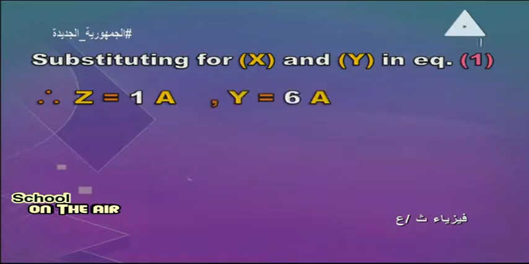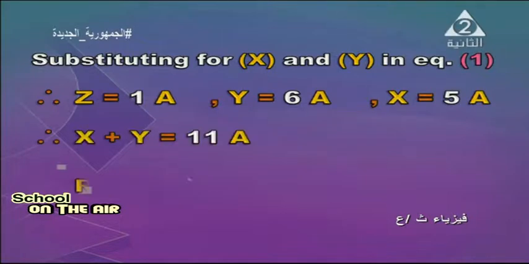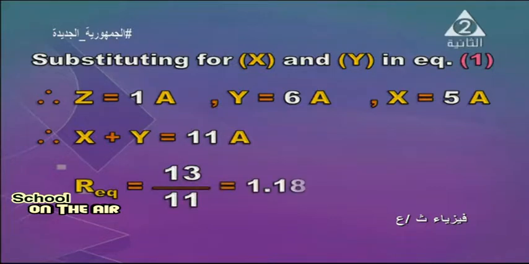It's so easy now to get Y. It is 6 ampere, so X must be equal to 5, and X plus Y is 11. R equivalent equals the total voltage, which is 13 over the total current, 11, so it is 1.1818. We managed to solve it, and I know it is a little bit hard.